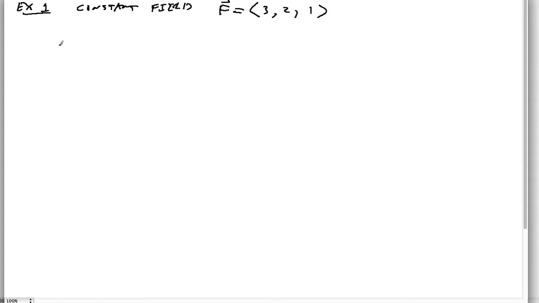If I write out some Cartesian axes, 3 on the x, 2 on the y, and 1 on the z puts me somewhere there. So I can put my little arrow.